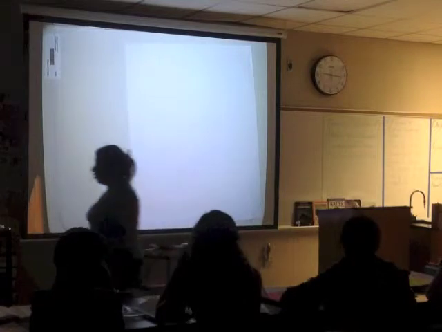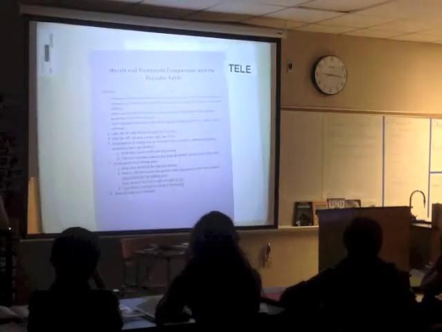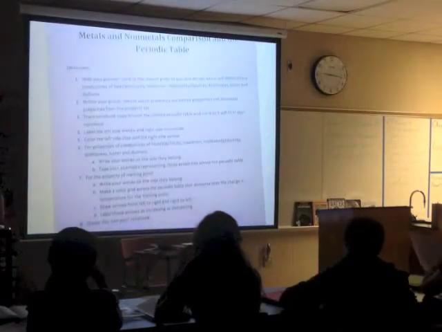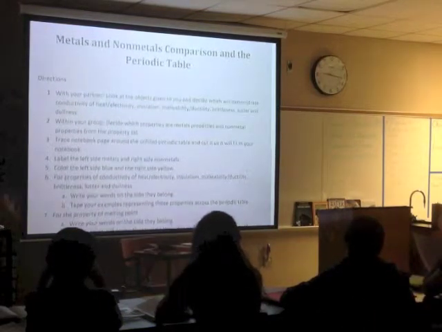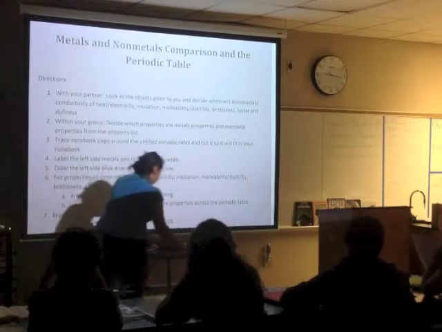So everybody should look at the paper that I gave you, which is the purple paper. It says metals and non-metals comparison and the periodic table. So this is your activity for today. So I'm going to go through and explain each and every step.